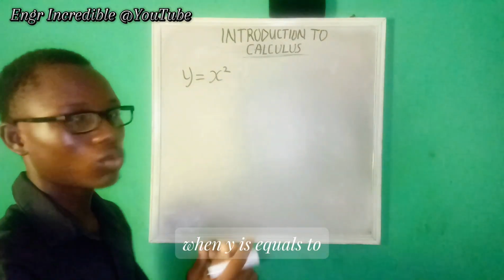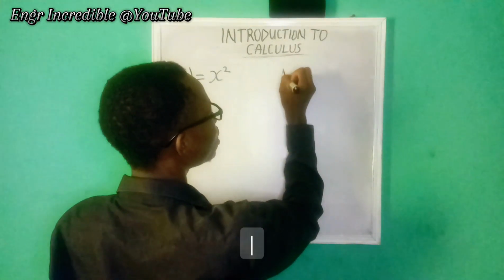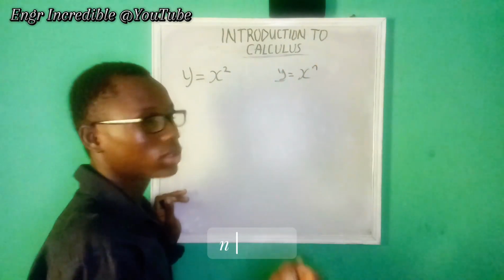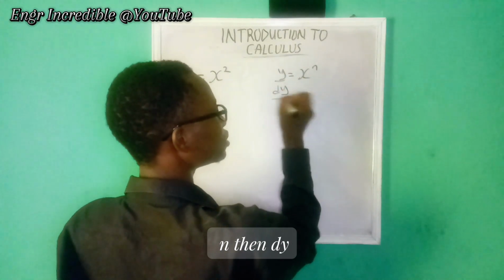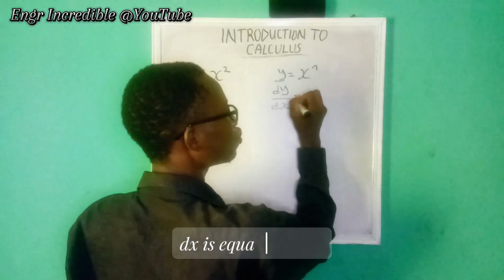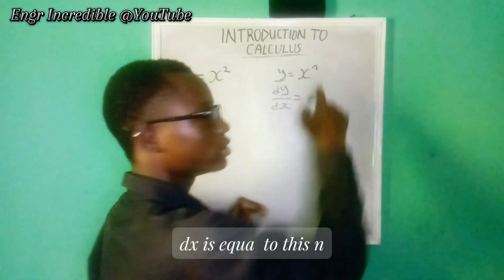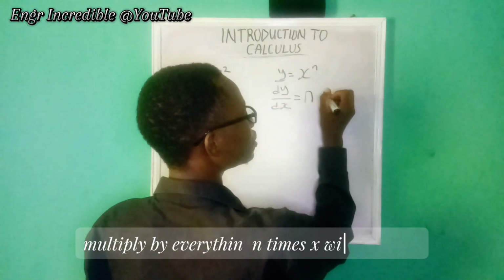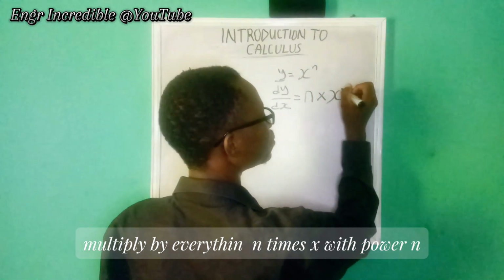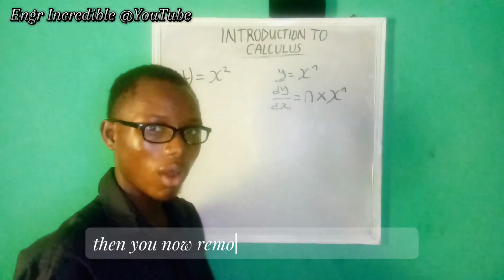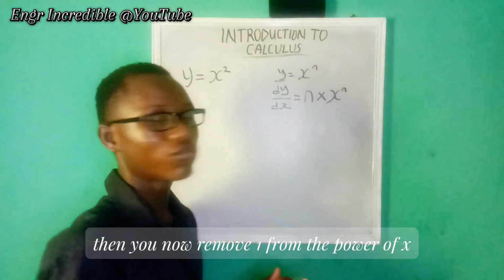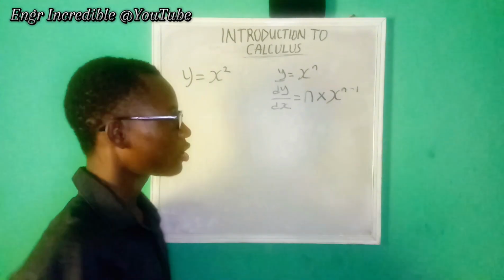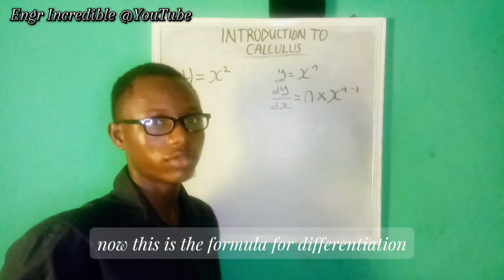When y is equals to x raised power n, then dy dx is equals to n, which is the power of x, multiplied by everything, n times x raised power n. Then you now remove 1 from the power of x, that is n minus 1. Now this is the formula for differentiation.